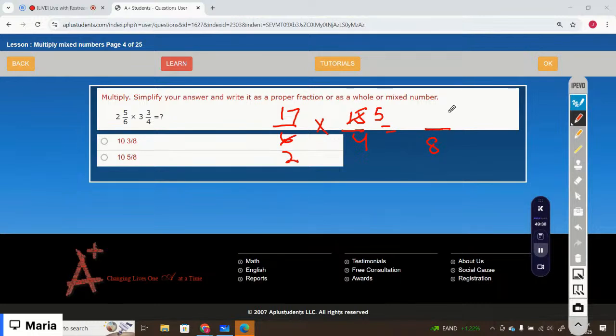So that is 5 times 17 is 85, 85 over 8. So it would be 10 whole 5 over 8 because 8 times 10 is 80. That is 10 whole 5 over 8.